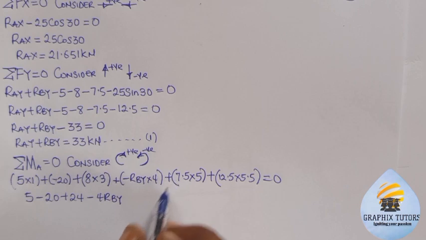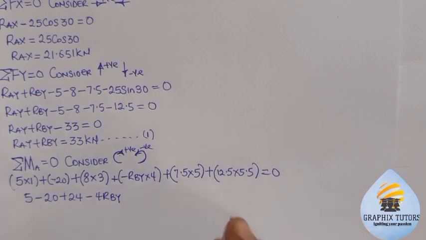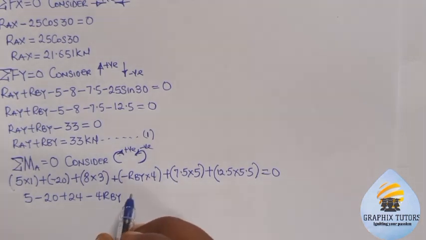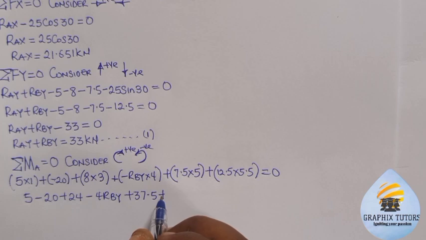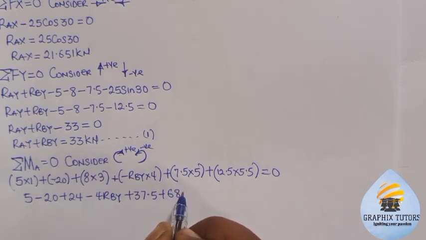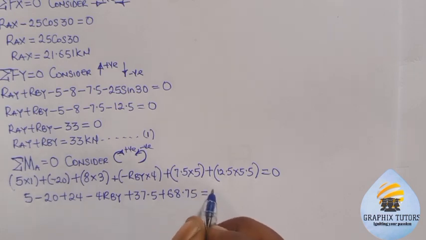Then we have 7.5 times 5, that will give us 37.5 when you multiply it together. So we have plus 37.5, then plus 12.5 times 5.5, that will give us 68.75 equals 0.